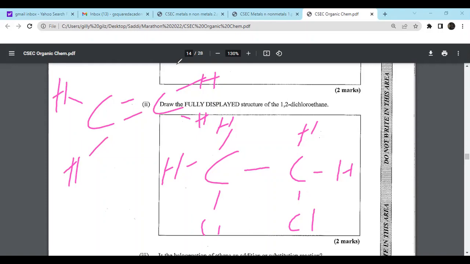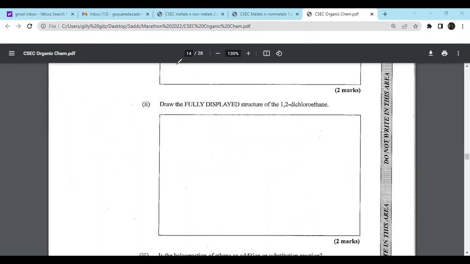So this is an addition reaction. And so I will just pause there to say that alkanes undergo substitution reactions because they are saturated. They have the maximum number of hydrogens that can hold on the molecule. Alkenes undergo addition reactions because they are unsaturated. Okay? And so that is what they're really asking you about right there.